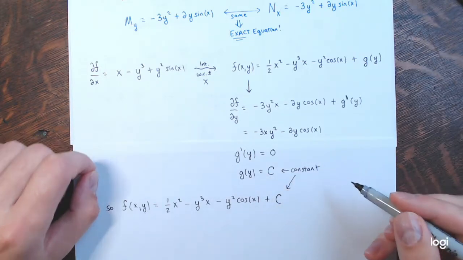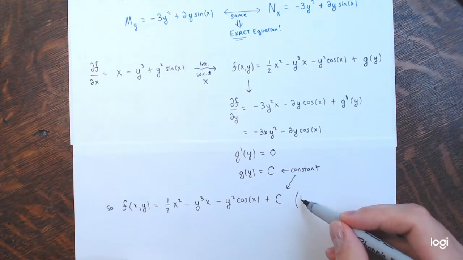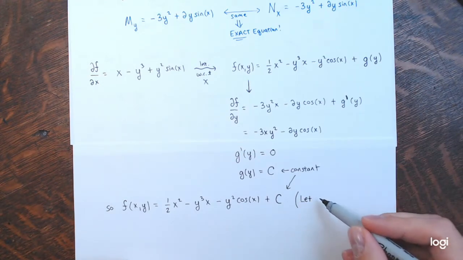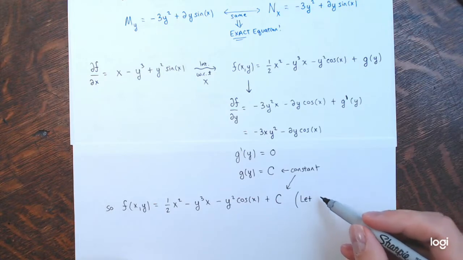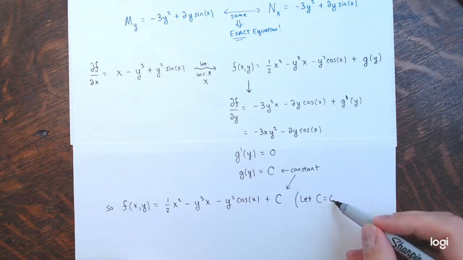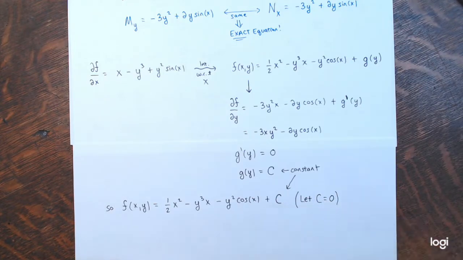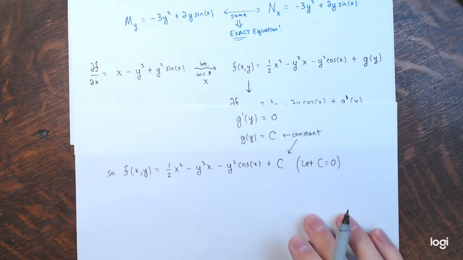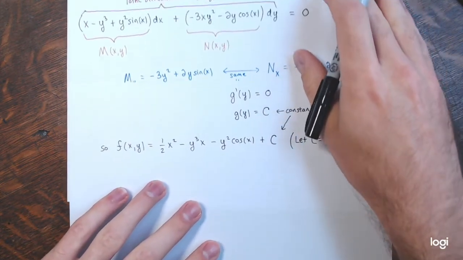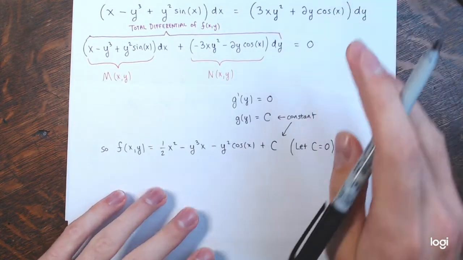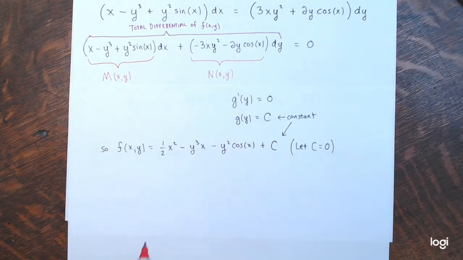Now again, just to make things a little simpler for the differential equation, a little less writing, I'm just going to have c be 0, because it really won't matter what number that is when I talk about the differential. All right, so now going back to the differential equation, we have our f now.